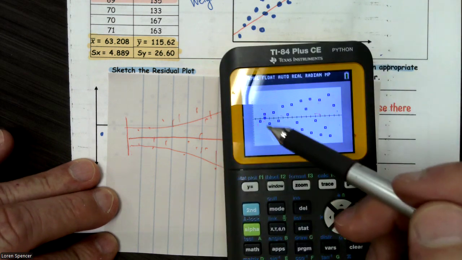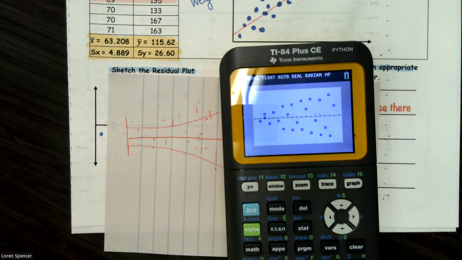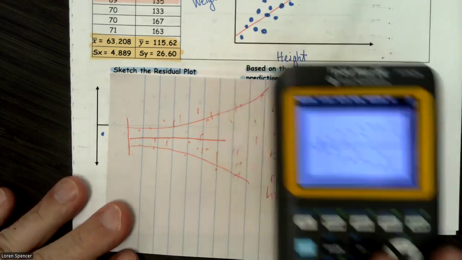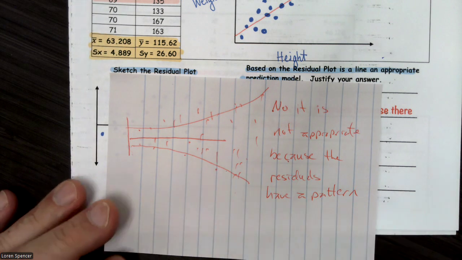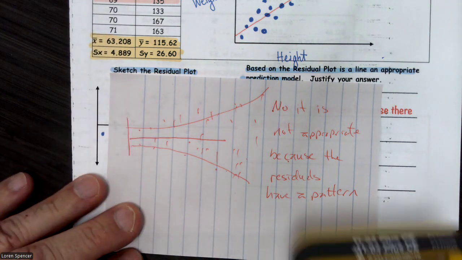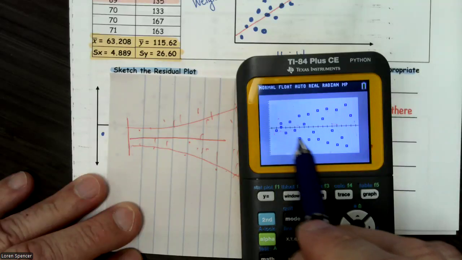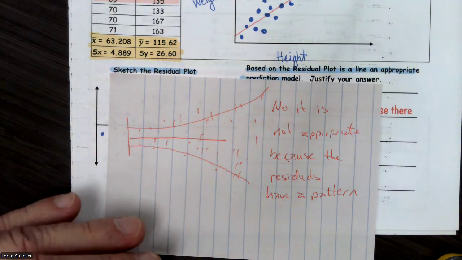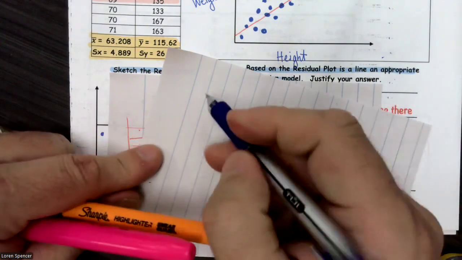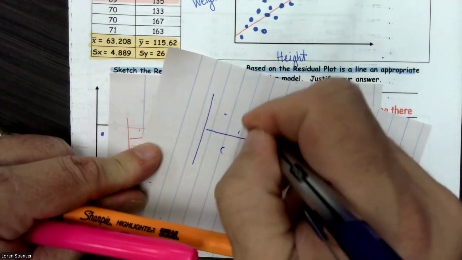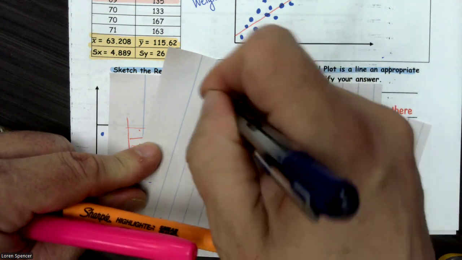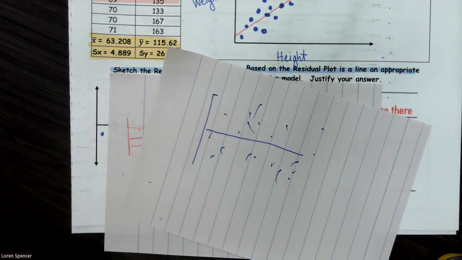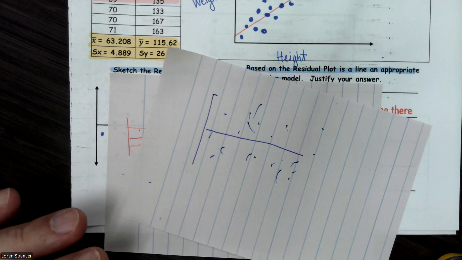They started off really close together and then they're spreading out. And when they spread out, or if they get close together, or if there's a curve, not appropriate. We want something that's completely random. We want it not to look like this, where it's starting to spread out, where we obviously have a curve. We want it to look something like this. To be appropriate, it should look more like this, where it's completely random and without a pattern. It's not spreading out or getting closer together.